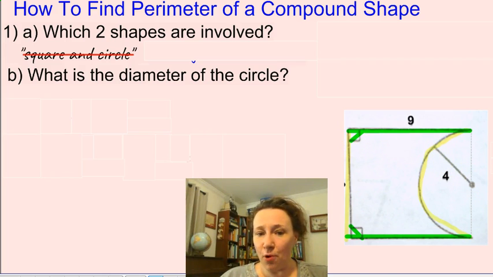If this measure is 4, remember, that is a radius. That means that this radius is also 4, and this radius is also 4. Together, these two radii indicate that the width of this portion would be 8 units.